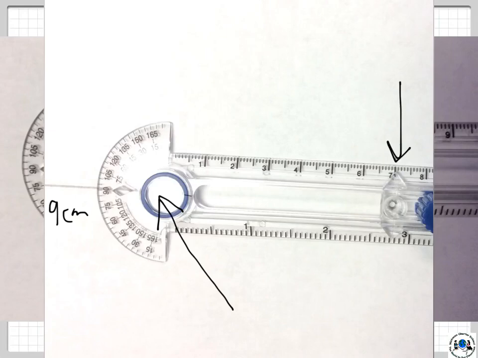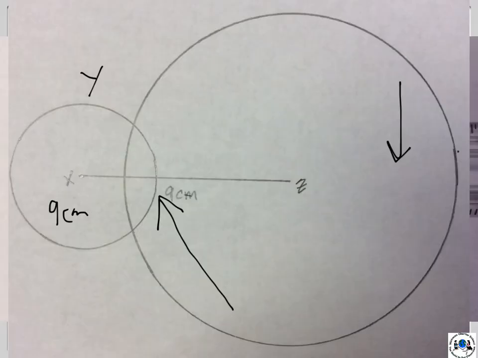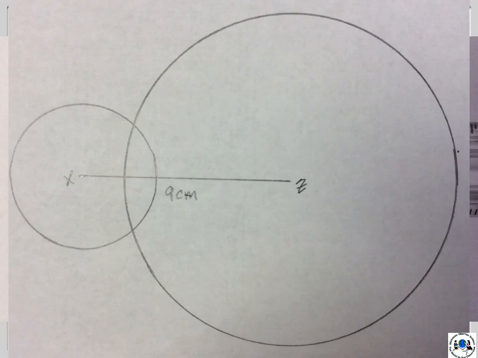Okay, that's going to go from Z to Y, or YZ. Okay, that's the other one. I know that's going to be 7 centimeters, so I'm going to draw my circle with a radius of 7 centimeters. And that's what this looks like, right? That's what it looks like right there. Get all the messy stuff out of there. Okay? And there it is. So I've drawn my two circles.